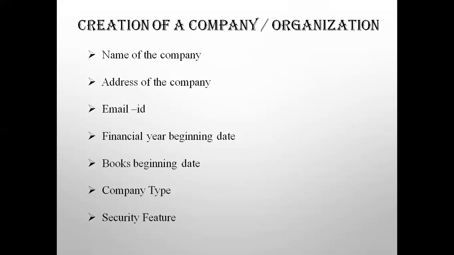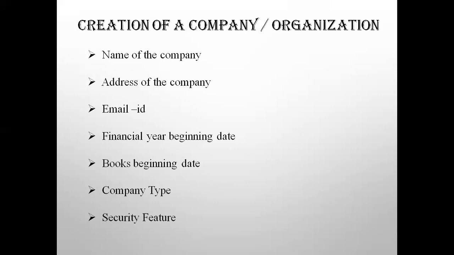Creating a company or organization involves providing the basic information about the company, whose books of accounts are to be maintained. While creating a company, some fields are to be entered compulsorily, giving an introduction or the basic information about your organization.